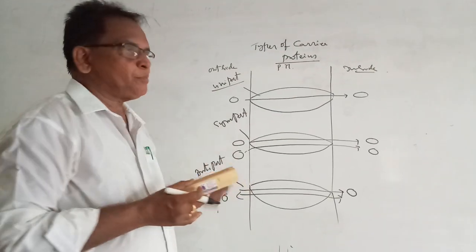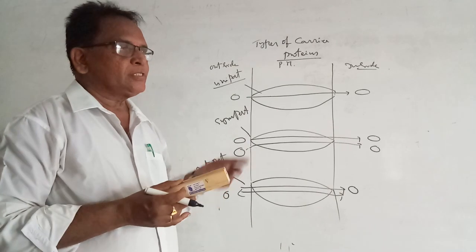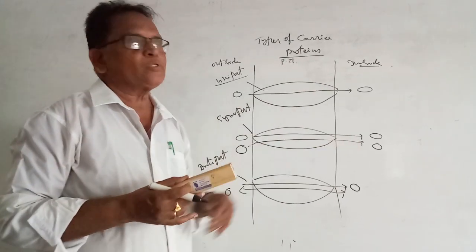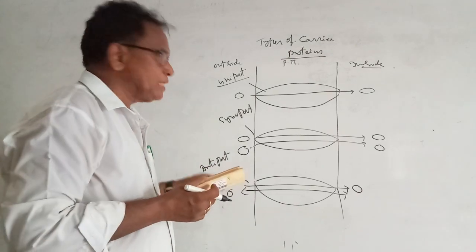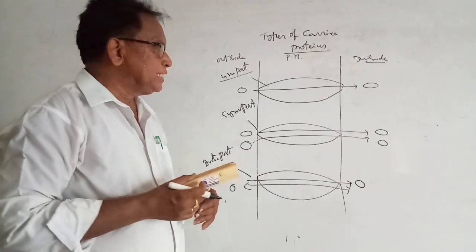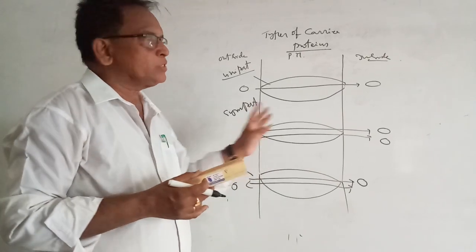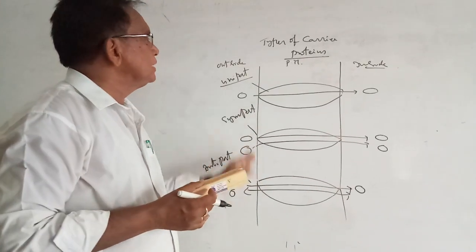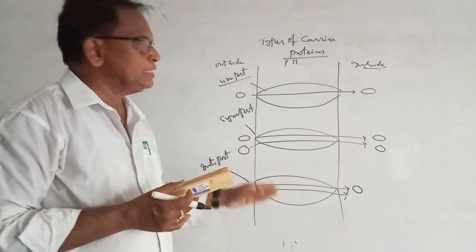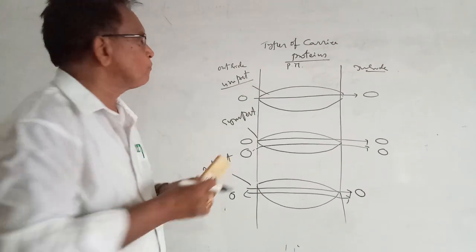In the case of symporter, two molecules simultaneously move in the same direction into the cell. In the case of antiporter, two molecules move in two different directions, one from outside to the inside and the other from inside to outside. So these are the three types of carrier proteins normally present in the plasma membrane.